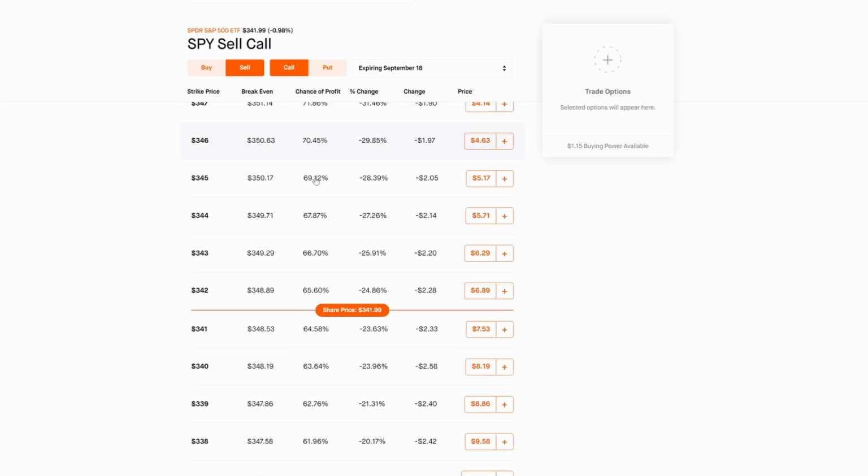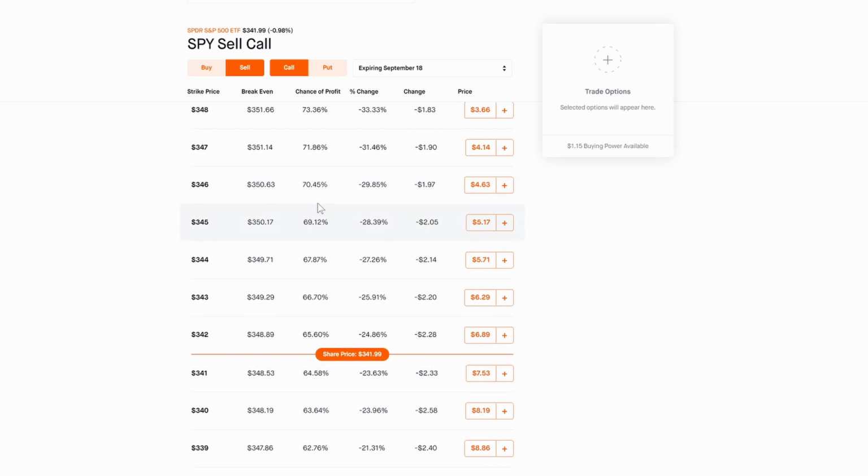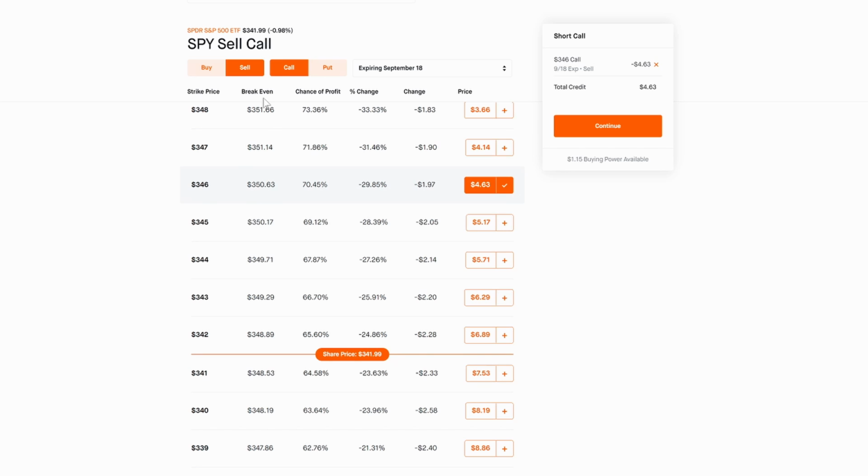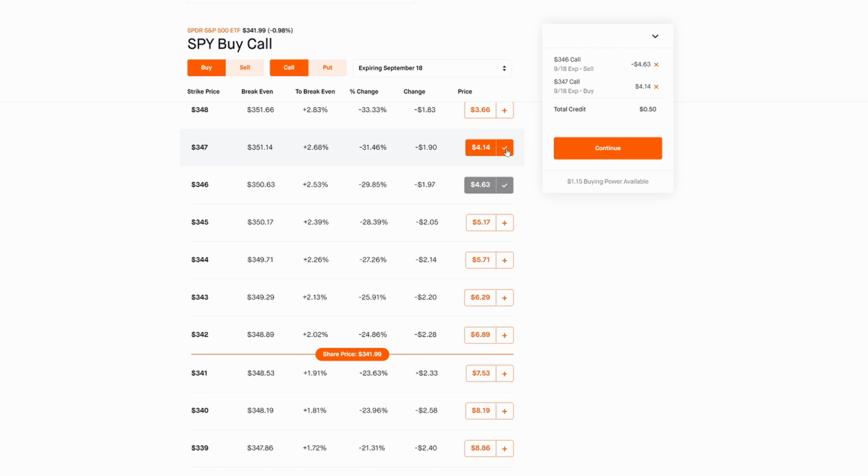The chance of profit is the probability that the option would expire out of the money. So I normally go for the 70%. I would sell the 346 strike price, then I will buy the 347. Remember, for a credit call spread, you sell at a certain strike price and buy at another strike price higher, and you will see it will say a call credit spread.